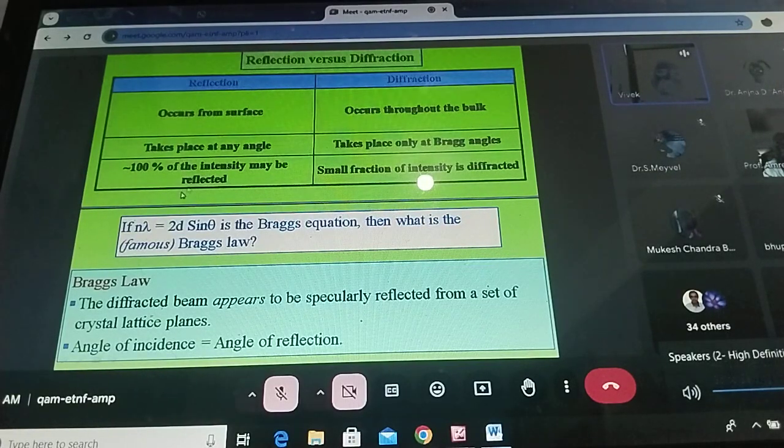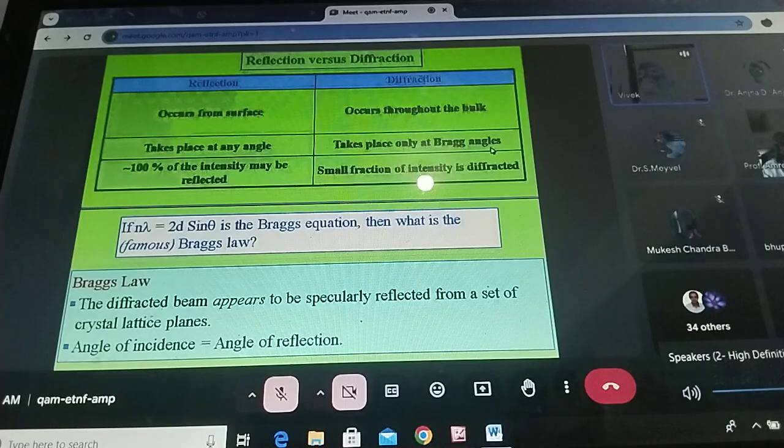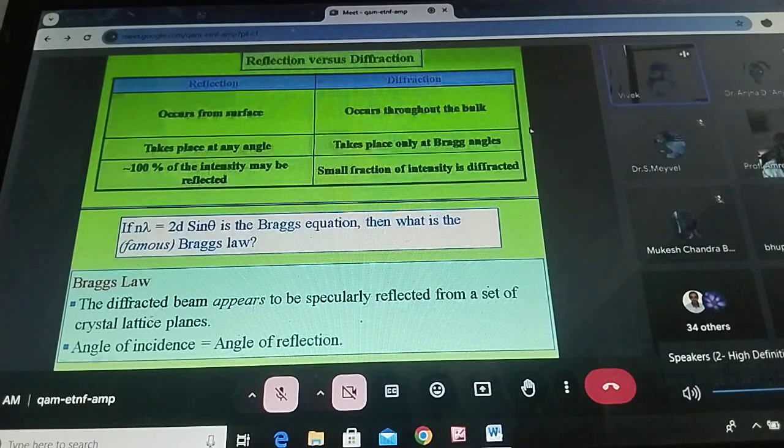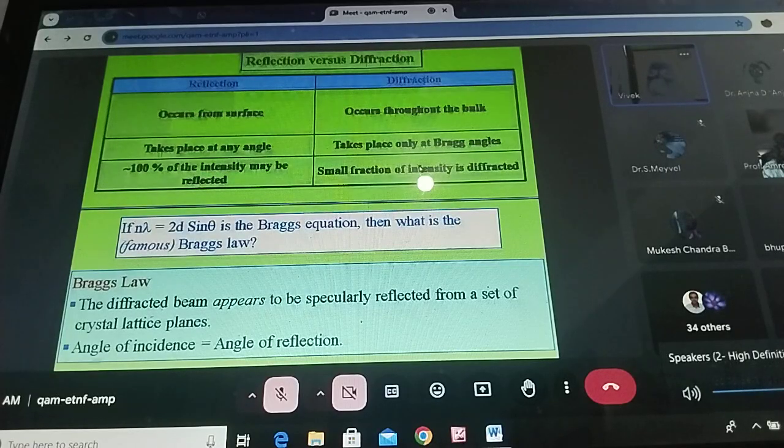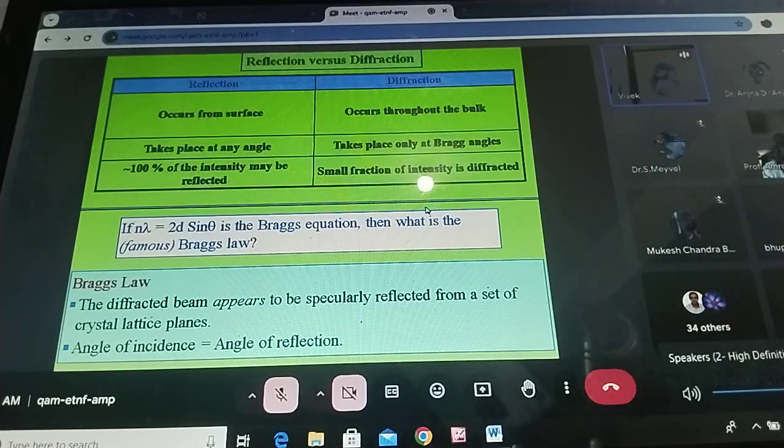Reflection takes place at any angle, but diffraction takes place only at the Bragg angle, because whenever Bragg's equation is satisfied, we will get constructive interference, otherwise no. 100% of the intensity is not reflected. Only a very small fraction of the intensity is reflected, because mostly it is destructive interference. In very few areas, it will be constructive interference. That's why there is a drastic decrease in the intensity.